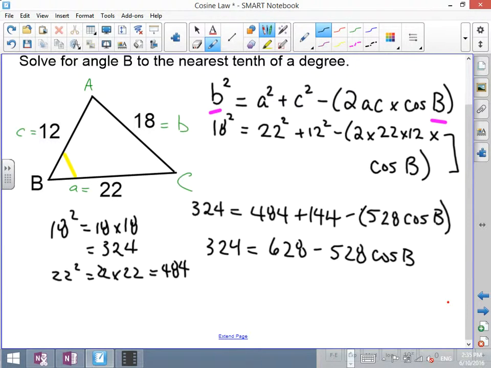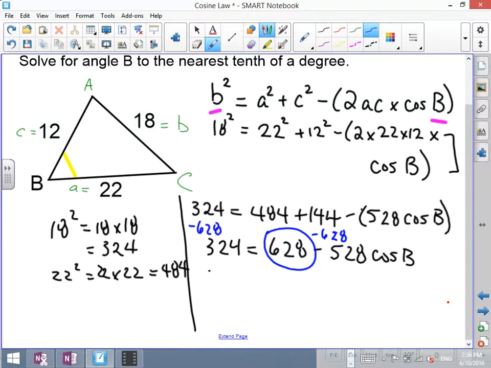I'm just going to take the bracket off at this point in time, okay? And dividing up our page, what we'll do first is take the 628 and cancel that from the right-hand side of the equation. So we're going to subtract it from both sides of the equation.